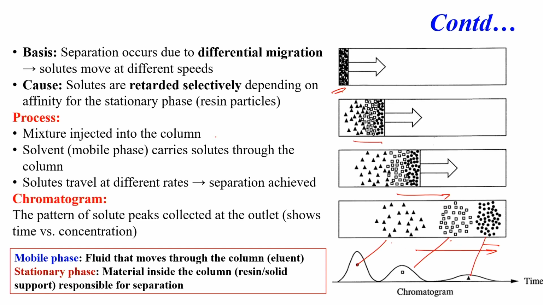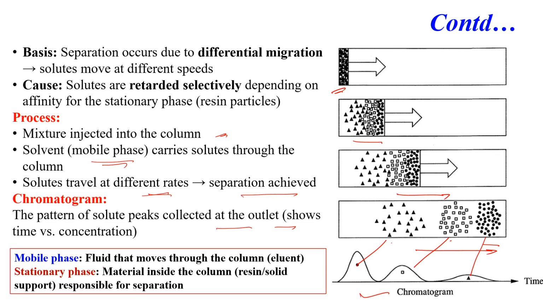So, how does it work? First you have to inject into the column, then you pass the eluent or mobile phase, then the solutes travel at different rates and separation is achieved, and the output is the chromatogram. Here you will see the different peaks.